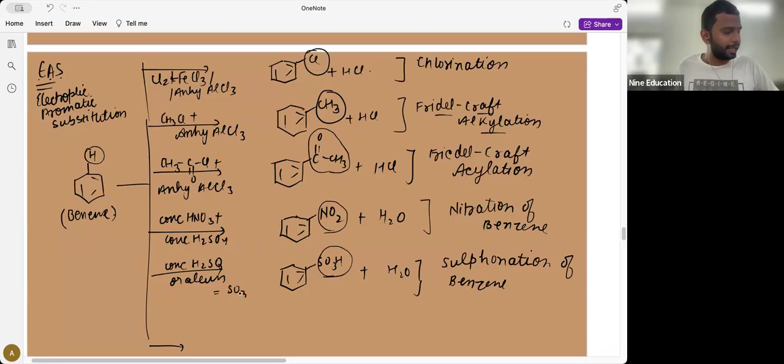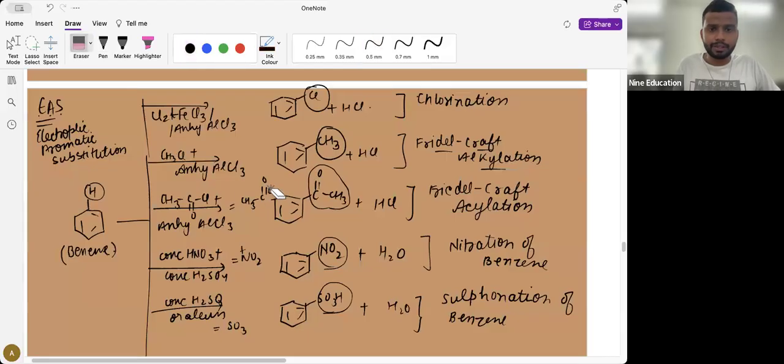So यहाँ पर electrophile SO3 है, यहाँ पर electrophile NO2 पॉजिटिव है, यहाँ पर electrophile CH3CO पॉजिटिव है, यहाँ पर इलेक्ट्रोफाइल CH3 पॉजिटिव है और यहाँ पर क्लोरीन पॉजिटिव है इलेक्ट्रोफाइल. So this CH will be removed and these electrophiles will be added in the benzene.